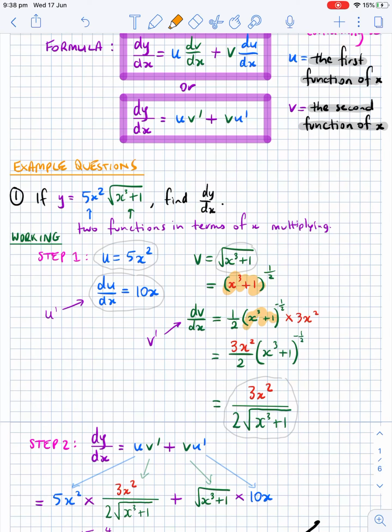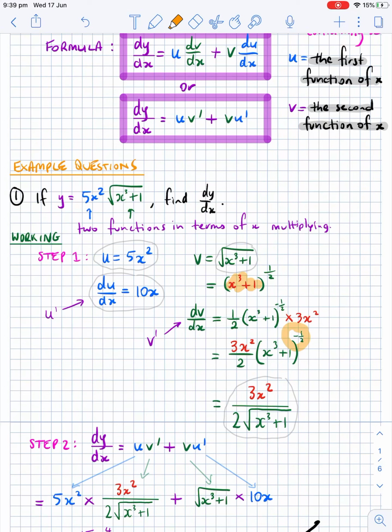Our bracket's going to stay the same, and we've got to remember to multiply, because of the chain rule, by the derivative of this bracket. So the derivative of this bracket is going to be 3x squared, so that is multiplying by all this stuff. That simplifies by this part here, multiplying by the top of this fraction here. So it's going to be 3x squared over 2. And that bracket's going to stay there.